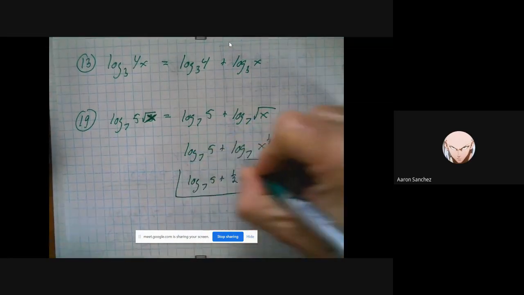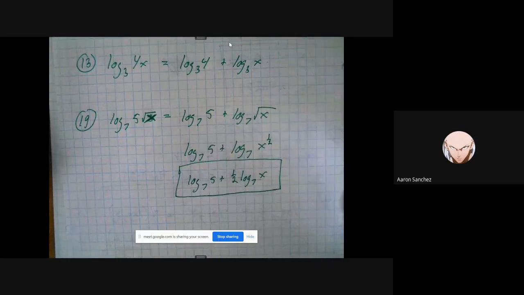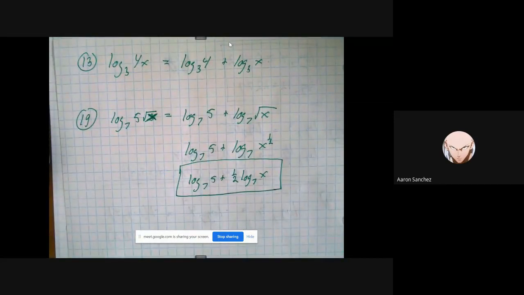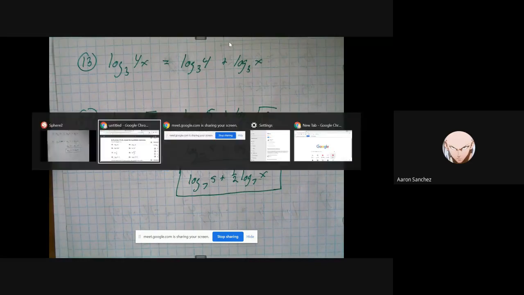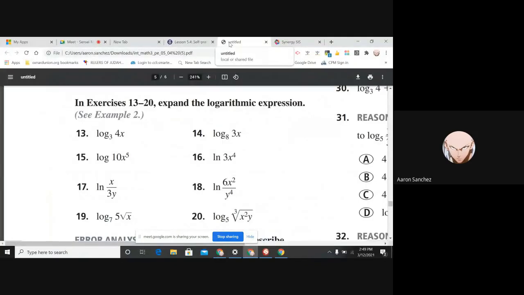That is full expansion right there. Okay, any questions on that? That was 19.